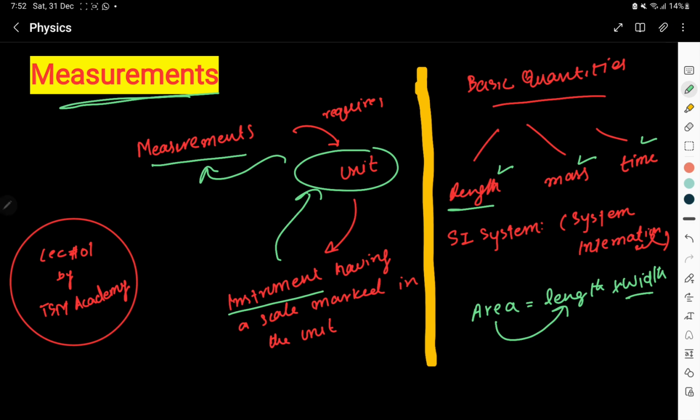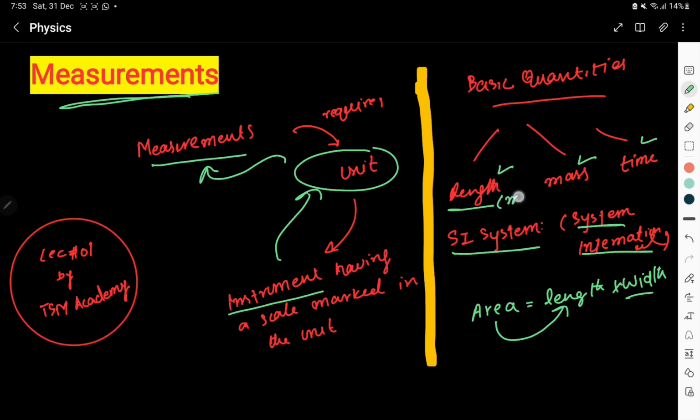To measure different quantities, we are given a standard system which sets standard units for different quantities. This system is known as the SI system, which stands for System International of Units. For different quantities, this system provides us different units. For example, for length, this system gives us the unit meter.